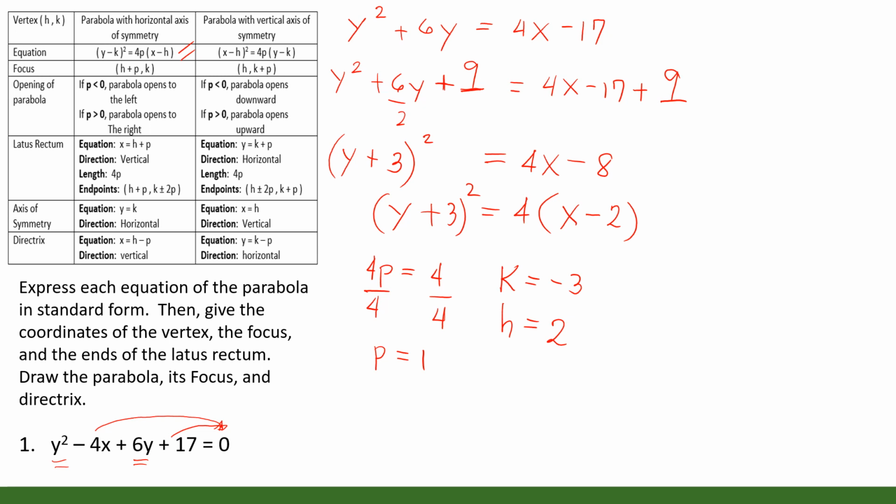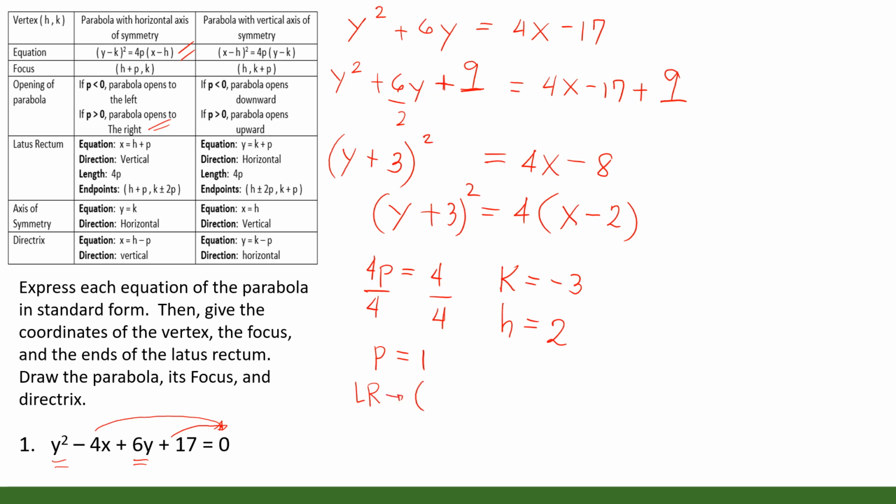Since p is equal to 1 and 1 is greater than 0, our parabola opens to the right. Okay? So what are the ends of latus rectum? So lagyan natin. Ang first coordinate ay h plus p.